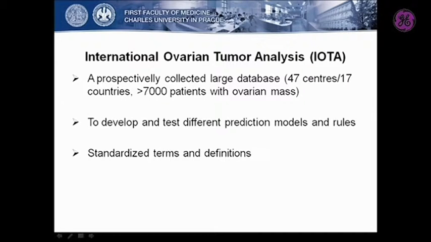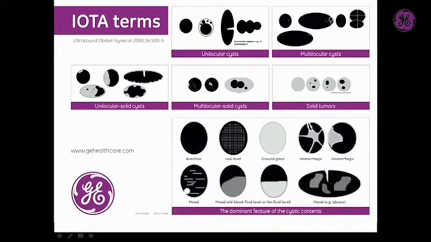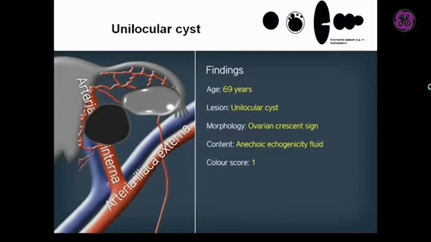However, the first step was to use standardized terms, definitions and measurements, which were published in 2000 by the IOTA Group. I would like to walk you through the IOTA terms as presented on this poster distributed by GE. First, how to differentiate tumors and cysts.